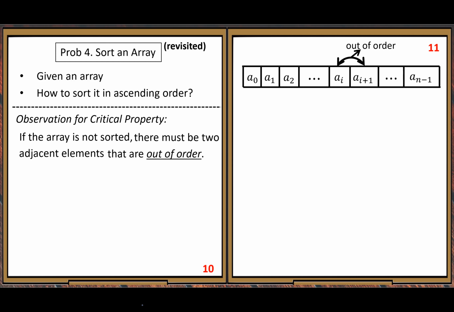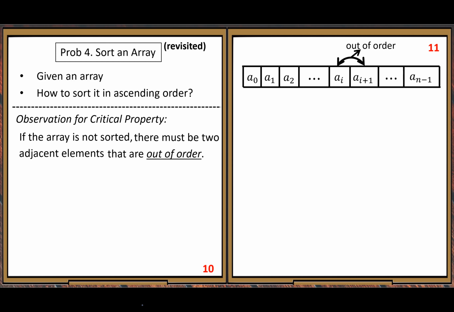But the condition here is that the array is not sorted. That means we can find at least two adjacent elements that are out of order. So that's the critical property we discovered. Now we want to explore this property to find a solution.